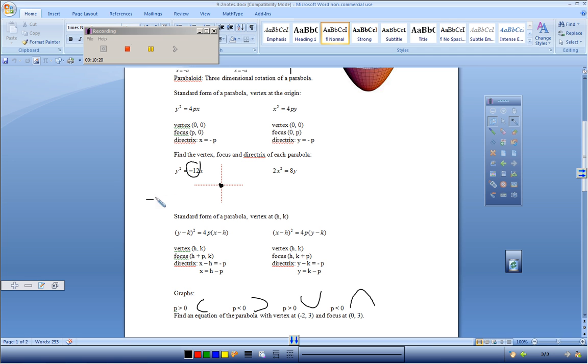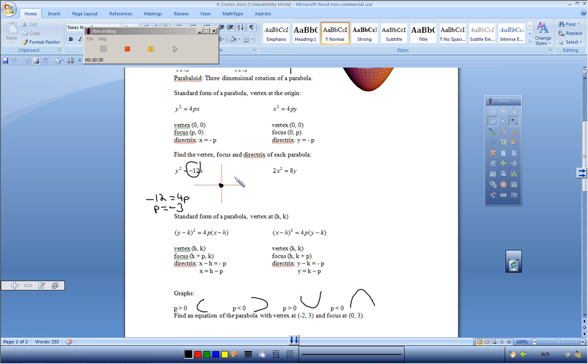So you know that negative 12 equals 4p, so p equals negative 3. So what that means is that the distance to the focus and the distance to the directrix are both 3 units, because that point is the vertex of the parabola. It's equidistant from both the directrix and the focus.